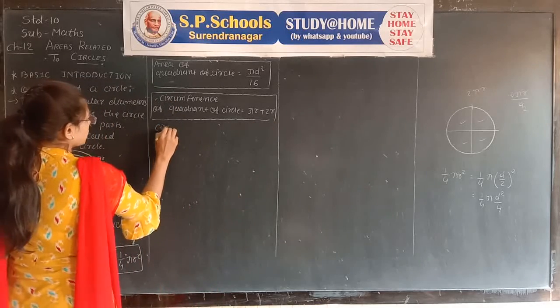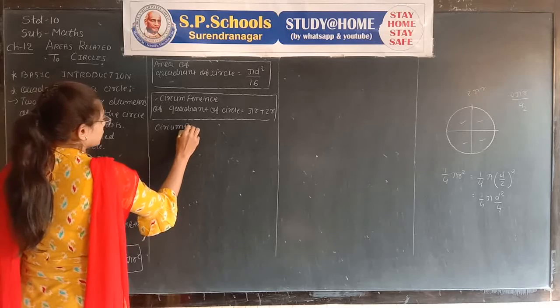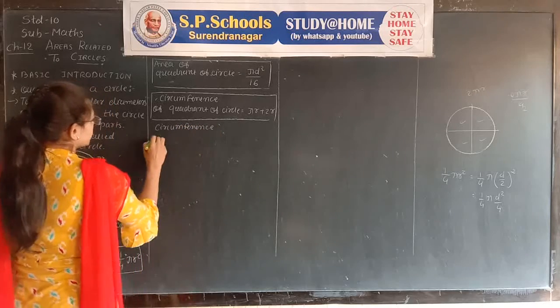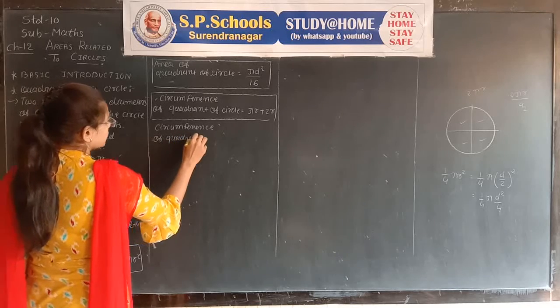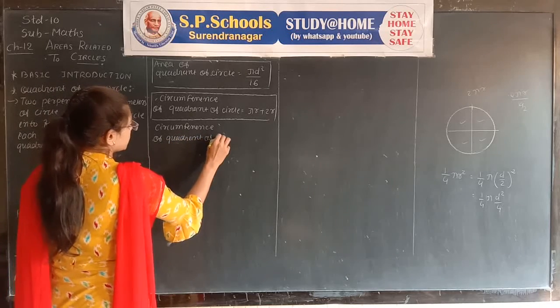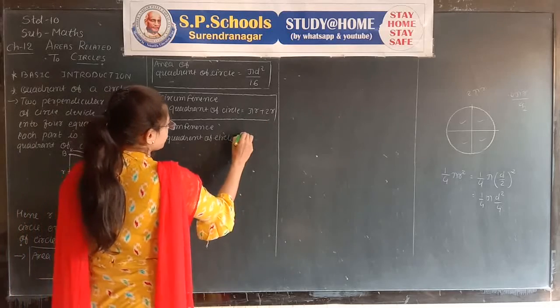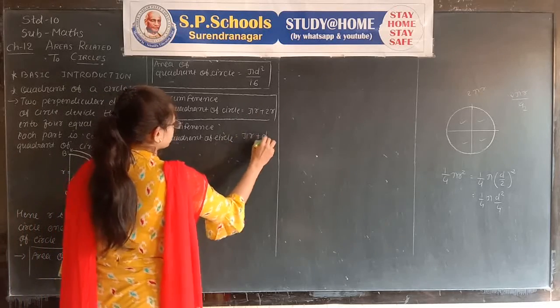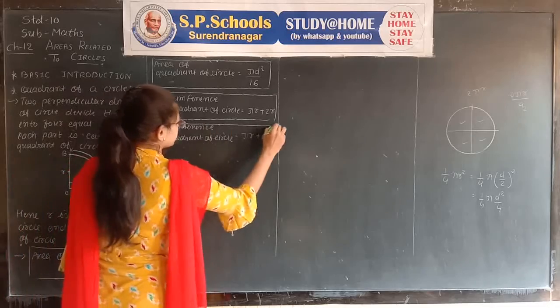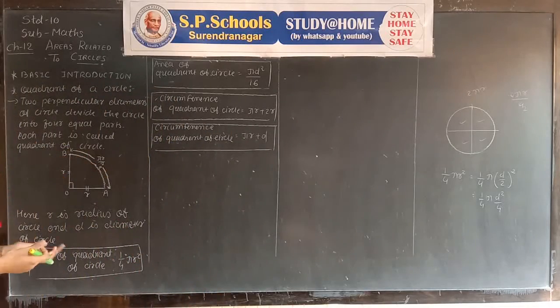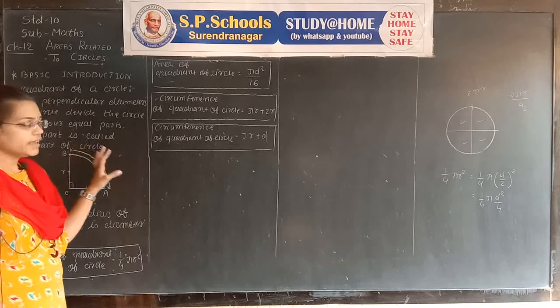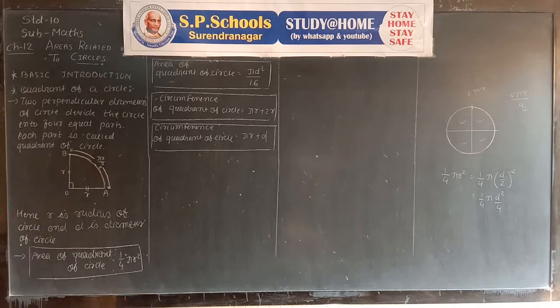Or, circumference of a quadrant of a circle, replace 2r with d. It is the perimeter or circumference or length of a quadrant of a circle. The formula for area and circumference of a quadrant of a circle is completed.